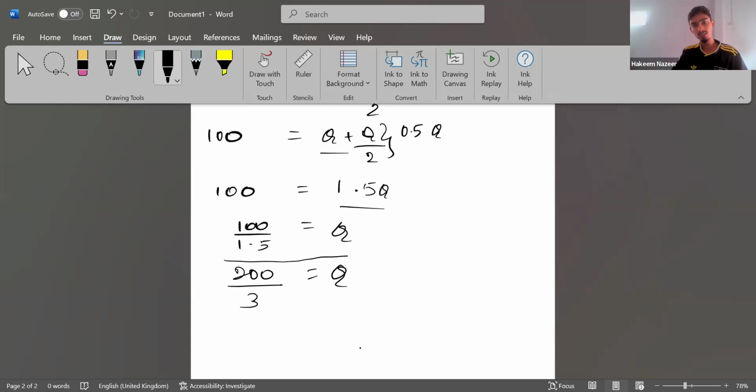This is the equilibrium quantity, 200 over 3. Done.